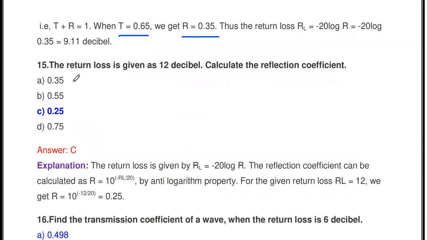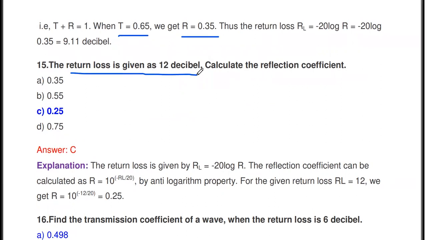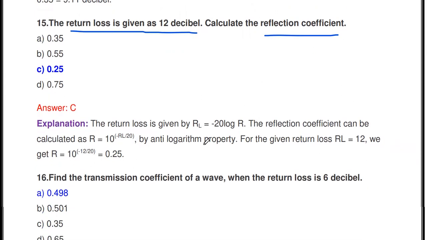Okay. Then the next one, the return loss is given as 12 decibel. Calculate the reflection coefficient. Okay, return loss is given. We have to calculate the reflection coefficient. So it is the reverse thing. The return loss RL is equal to minus 20 log of R. Here RL is given. We have to find out the value of R. So you just rearrange the formula.